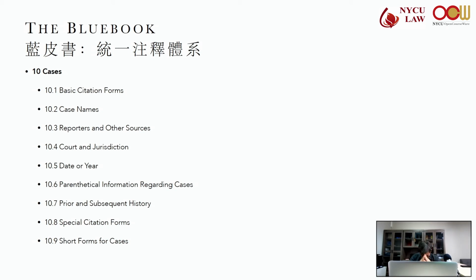Now, 10.8.3, briefs, court filings, and transcripts. It's generally cited as the document name, and then the pin site, preceded by at.